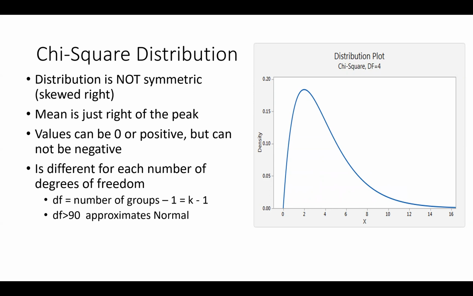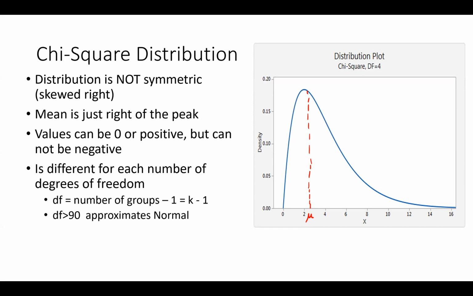And as I mentioned to you earlier, with the skewed right distribution, the mean is just to the right of the peak. And because it is skewed right as opposed to being symmetric, the values are either going to be 0 or positive. They will never, for an H test statistic, be negative.